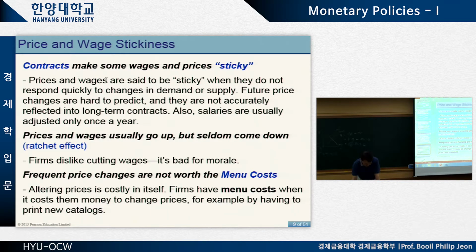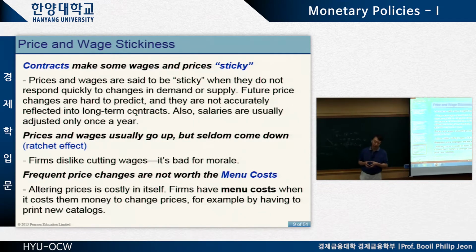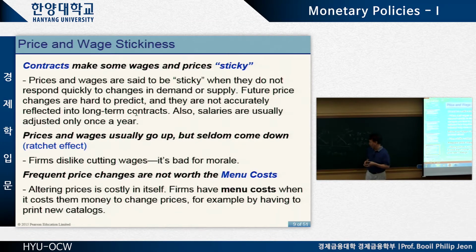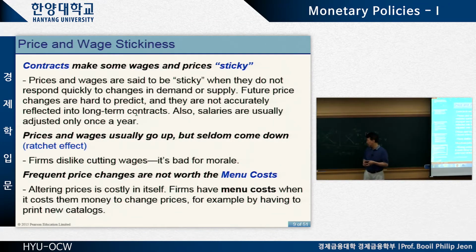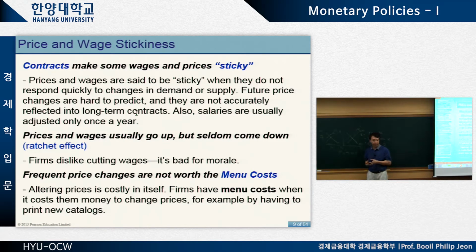So here, prices and wages have to be sticky, since wages are usually adjusted only once a year. What it's saying is, if workers knew exactly what's going to happen in the future in price level, they would have considered this future increase in price level when they signed the labor contract.